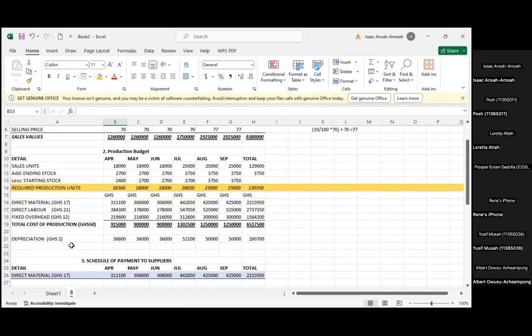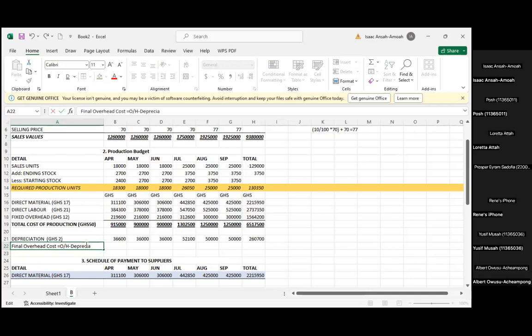Okay, so this one that I'm doing is not part of the workings. I mean, the marker will not mark it. Maybe you may want to do this. I would want to generate the final overhead costs, so I am just generating it. The final overhead cost is just a simple function of your overhead cost computed in the production budget minus depreciation.